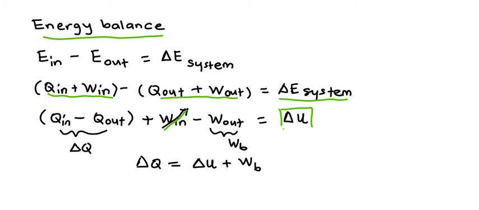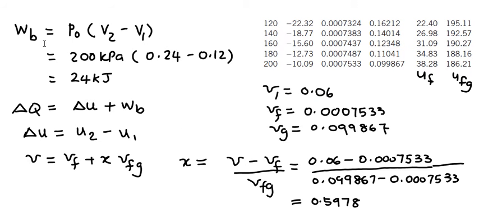So for state 1, volume is 0.12 meter cube and pressure is 200 kilopascal. Therefore, your specific volume is V1 divided by m, 0.12 divided by 2 kilogram, so your specific volume is 0.06 meter cube per kilogram.